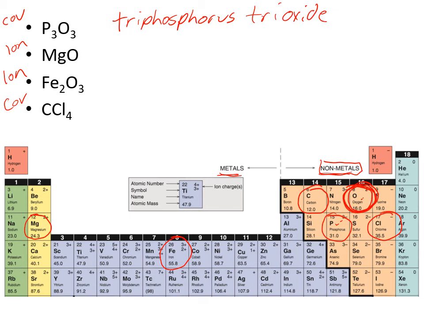Now, the next covalent one is the CCl4. C is carbon. It's 1 carbon, so it could be monocarbon, but remember, we don't say mono on the very first one, so it's just carbon. Then we have 4 chlorines, so 4 is tetrachlorines, or in other words, tetrachloride.